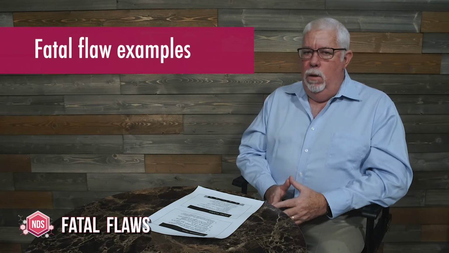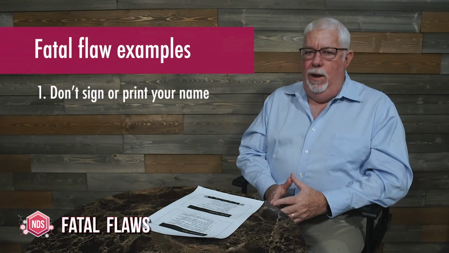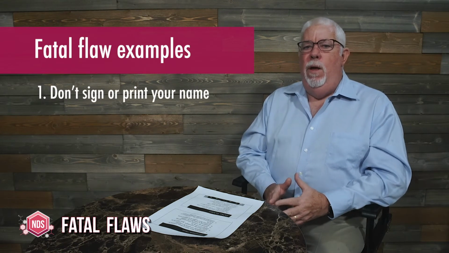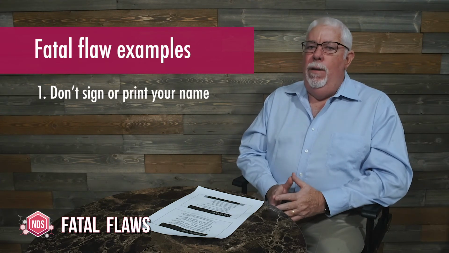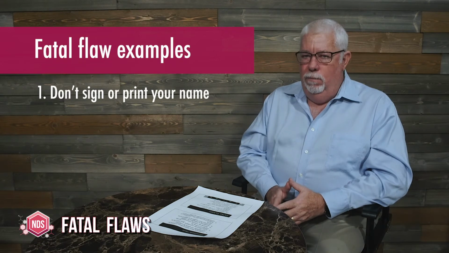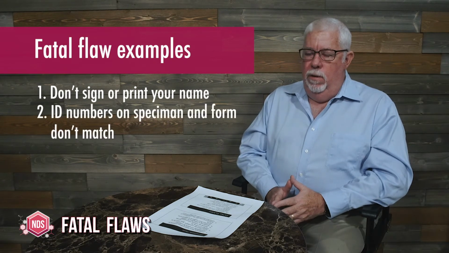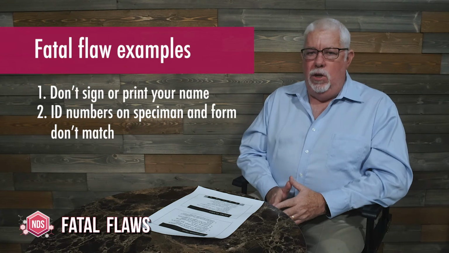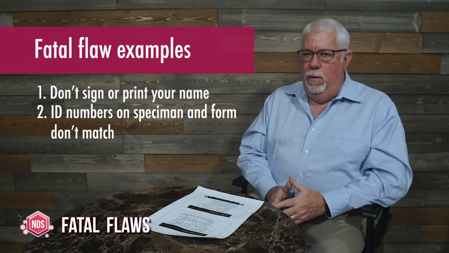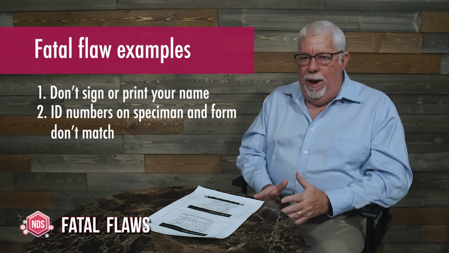Now, what are some examples of a fatal flaw? Number 1, you don't sign your name on the custody and control form, and you don't print your name. Nobody knows who you are. That is a fatal flaw. Number 2, the specimen ID number on the security seal on the vial doesn't match the specimen ID number on the custody and control form. Why wouldn't they match?